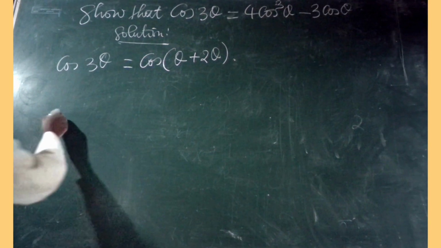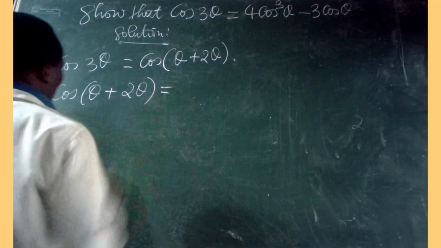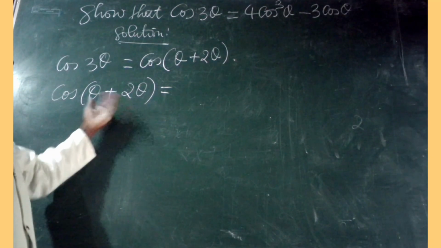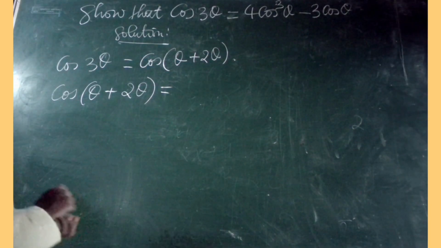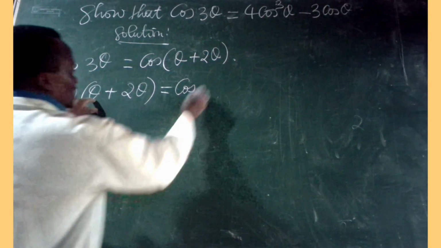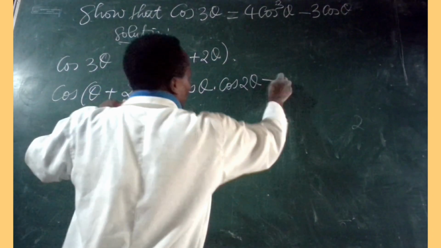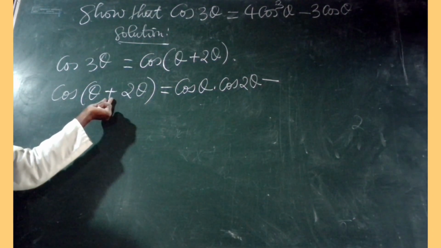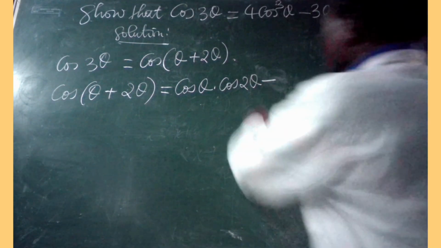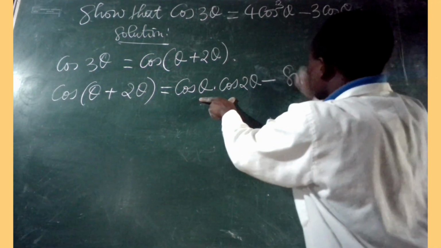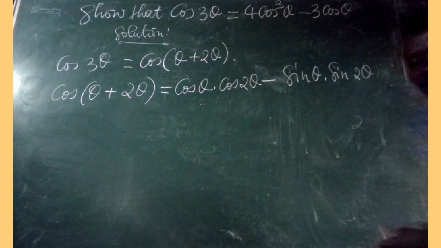Now cosine of theta plus 2 theta will be equal to, as I showed you about cosine of 2 theta or sine of 2 theta, cosine theta times cosine of 2 theta, minus, because in cosine when you have plus here you use minus here, sine theta times sine of 2 theta.